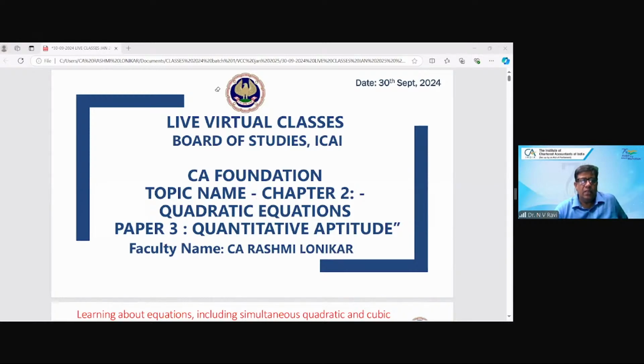These are all very important aspects of the quadratic equations chapter. Next are cubic equations, which are also very important. As far as the examination is concerned, please focus on these aspects, as 2 to 3 questions will definitely come in the examination. Over to Rashmi madam for further understanding of the subject.